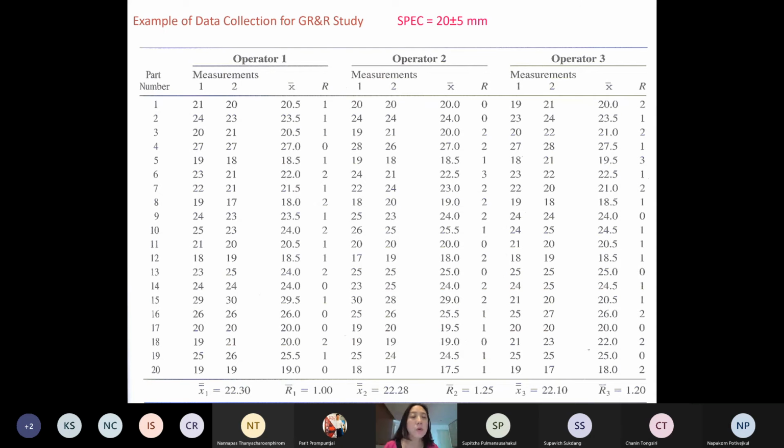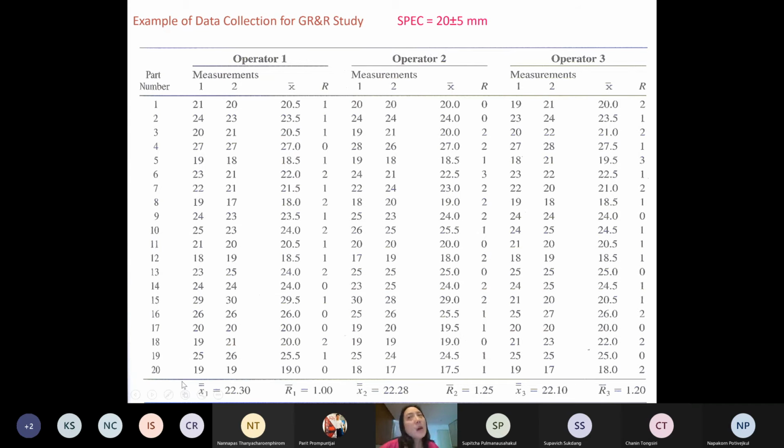For example, if all the numbers are 20 here, 20 here, that is repeatable, right? And 20, 20, 20, 20 for the first row. So if for part number 1 all operators give the same measurement, we will say that reproducibility is good.